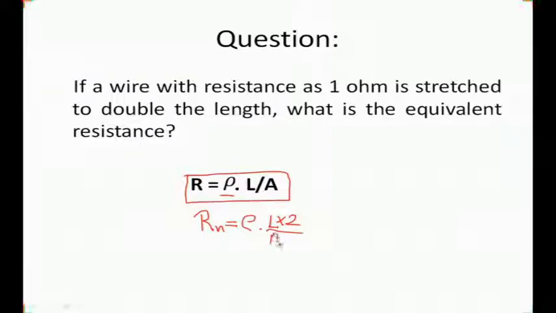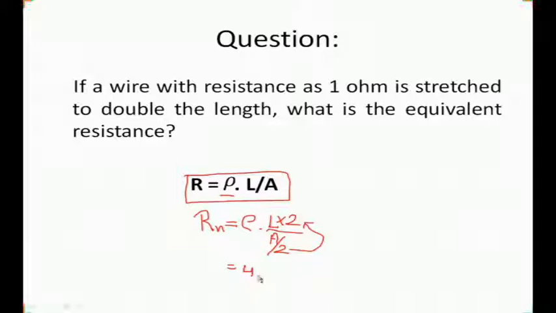So the rho remains the same, the length becomes double, and the area of cross section, when this length doubles, because the material is to be compensated, becomes half.